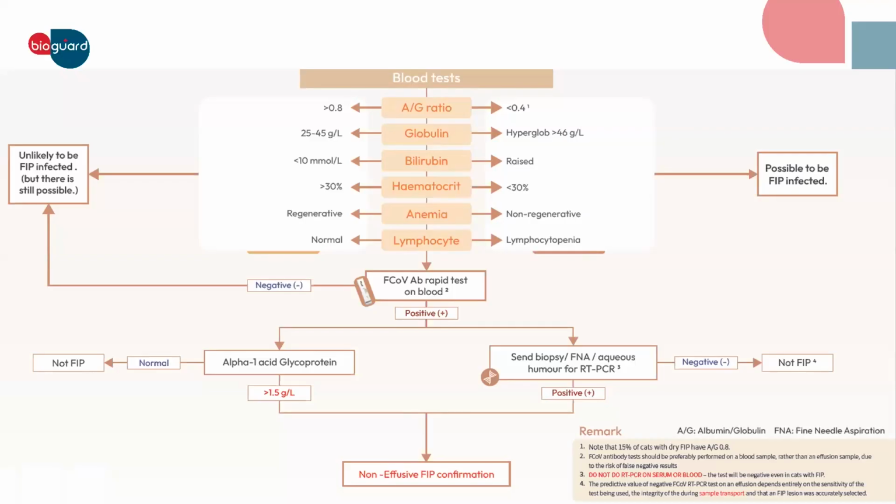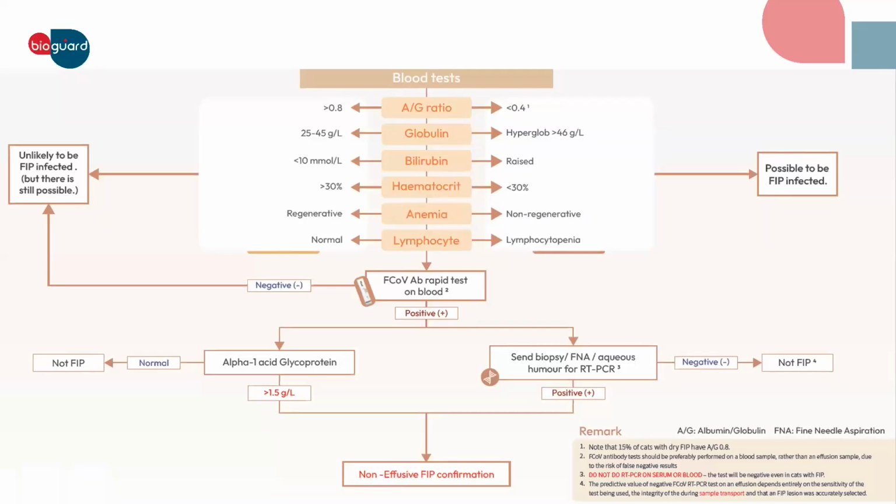If this sample turns out to be positive, then it's the non-effusive or dry form of FIP, which is a very good confirmation. Other than that, for the dry form of FIP, confirmation is also through another protein parameter, which is alpha-1 acid glycoprotein.